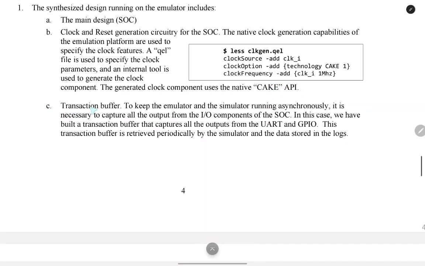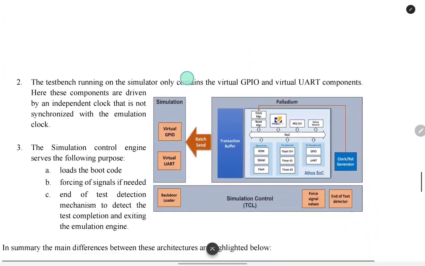C. Transaction buffer. To keep the emulator and simulator running asynchronously, it's necessary to capture all the output from the I/O components of the SoC. In this case, we have built the transaction buffer that captures all the output of the UART and GPIO. This transaction buffer is retrieved periodically by the simulator and the data stored in the logs. 2.